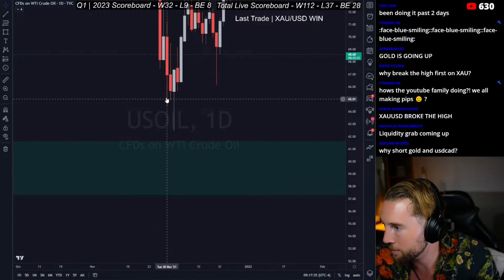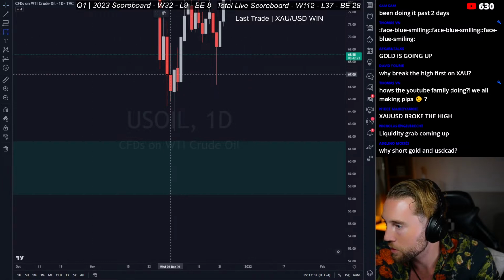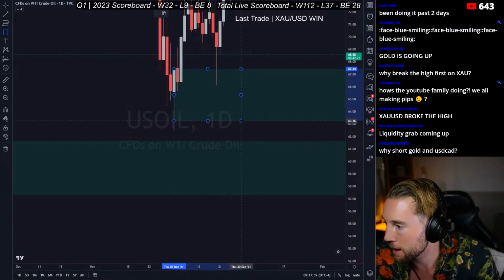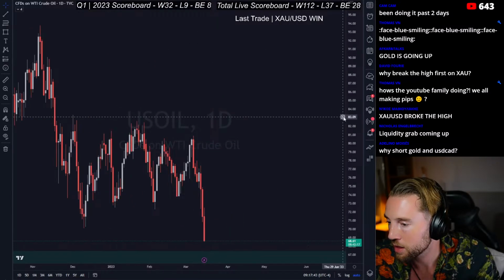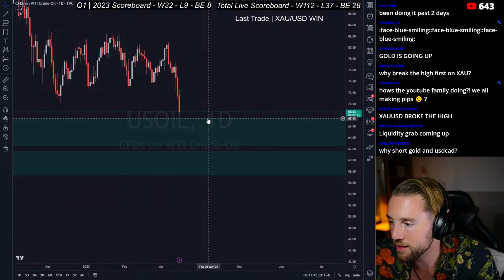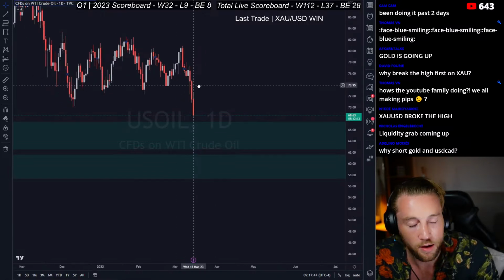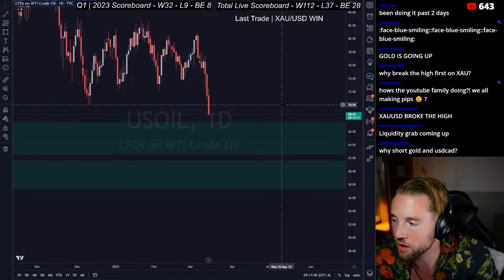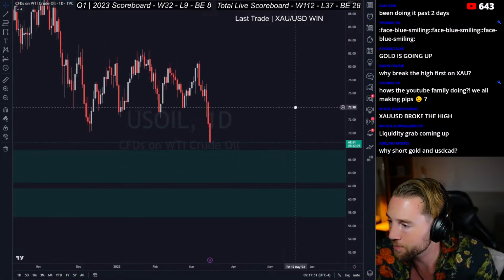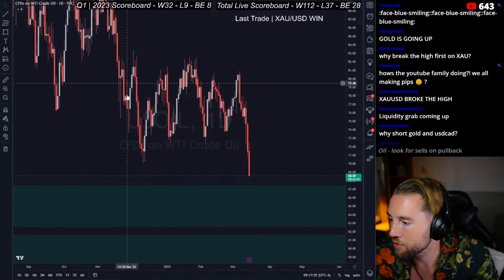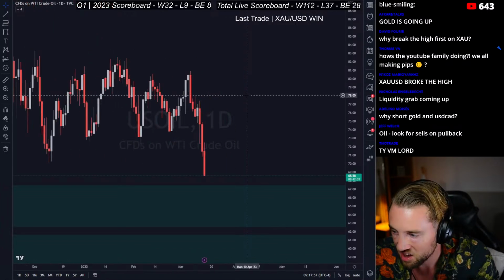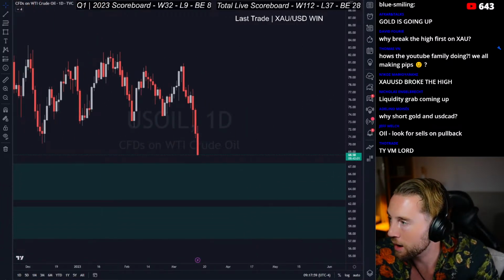That should be around here. Maybe we're gonna see a bounce from there. We already bounced from it once. So maybe somewhere around the $67 mark. It's quite interesting, right? A $67 oil price right here. A lot of liquidity built up above. Taking out the lows. Yeah, let's see what happens when we bounce from that particular zone.